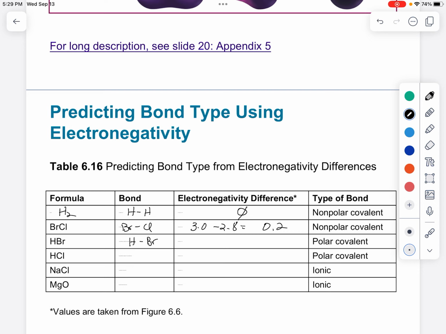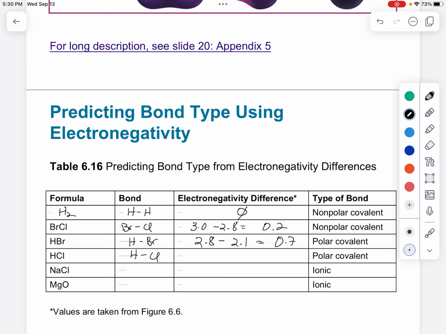HBr, 2.8 minus 2.1. The 2.8 is the bromine. And the difference is 0.7, which is greater than 0.5, so it's polar covalent.